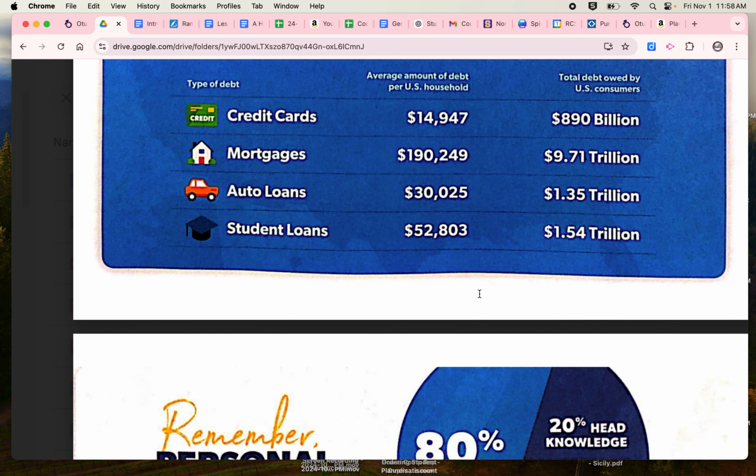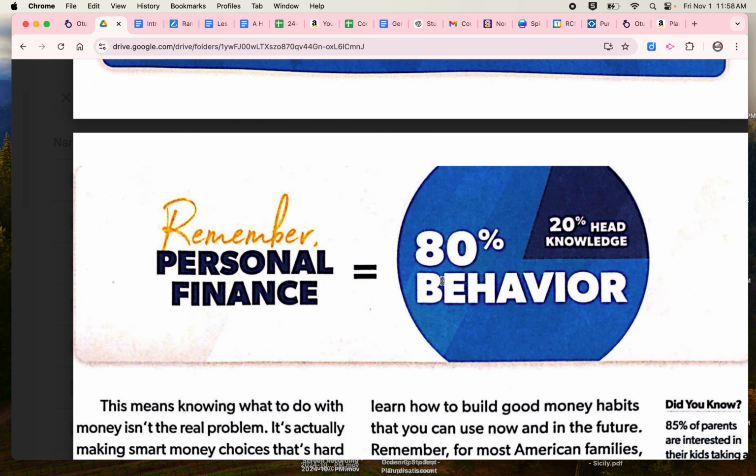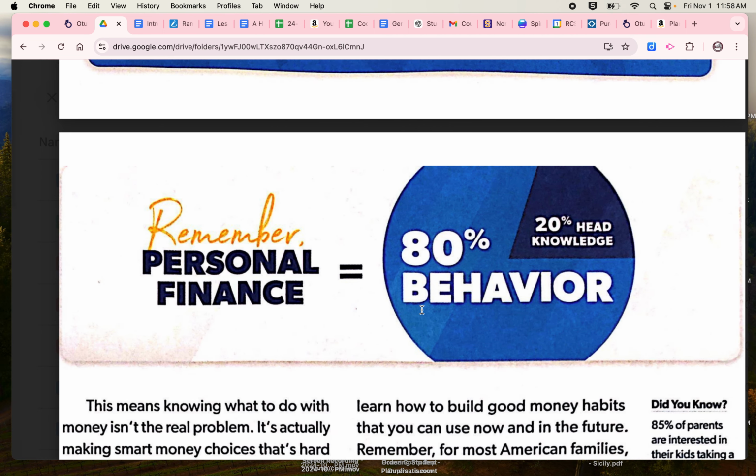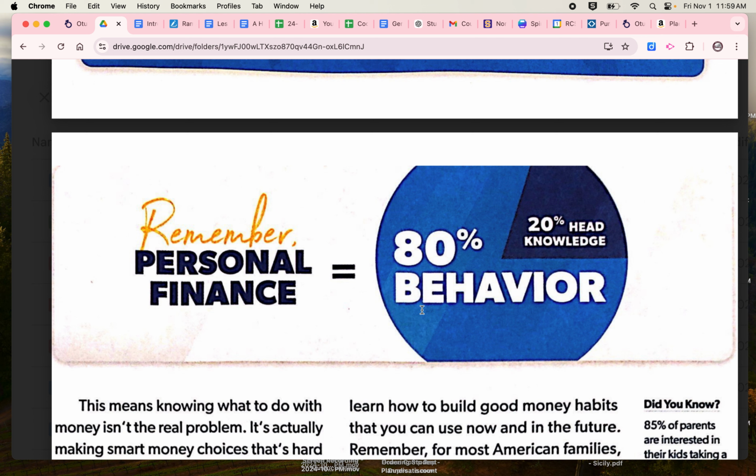in the future. So let's kind of go down here. So remember, personal finance is 80% behavior, 20% knowledge. I want you to pause, and I want you to write this in your journal of gold. Okay, so if you're more of an artistic person, you can draw a graphic like this, or you can just write it out.